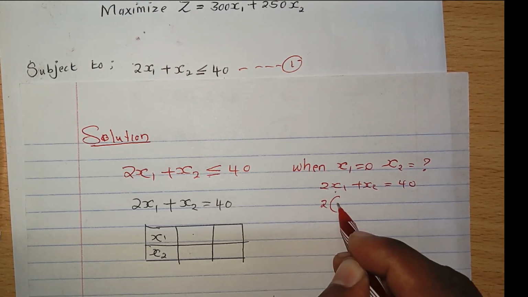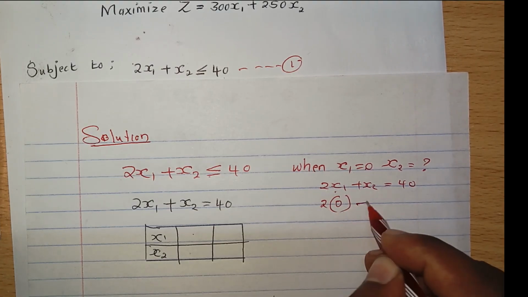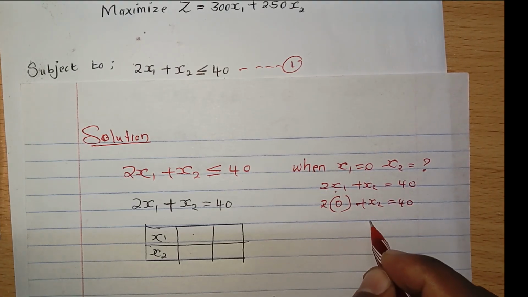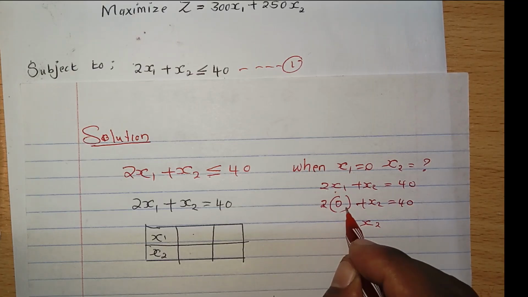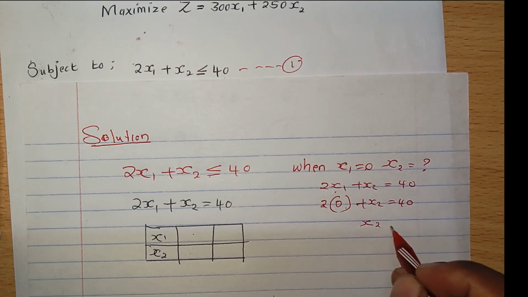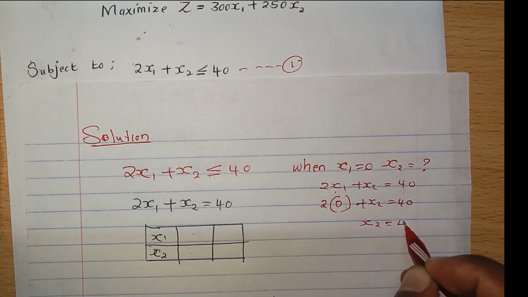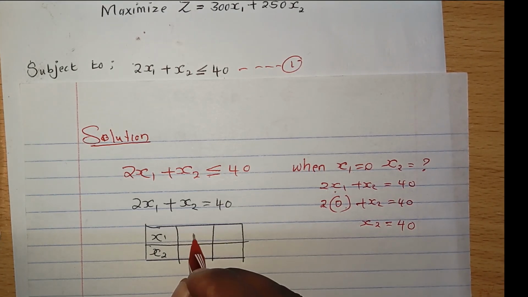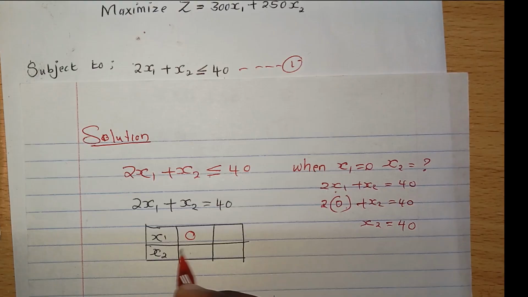So this is 2 in bracket 0 plus x2 equals 40. 2 times 0 gives you 0, so x2 is equal to 40. Here, when x1 is 0, x2 is 40.